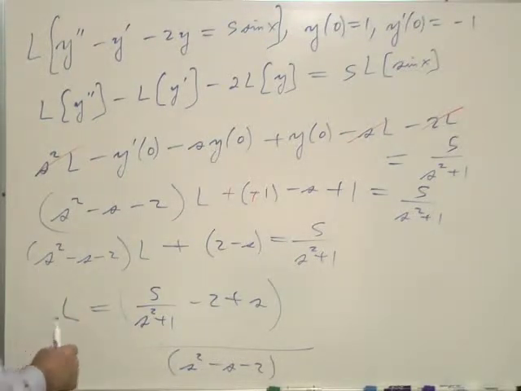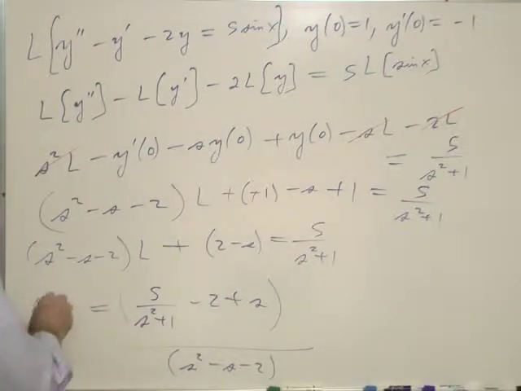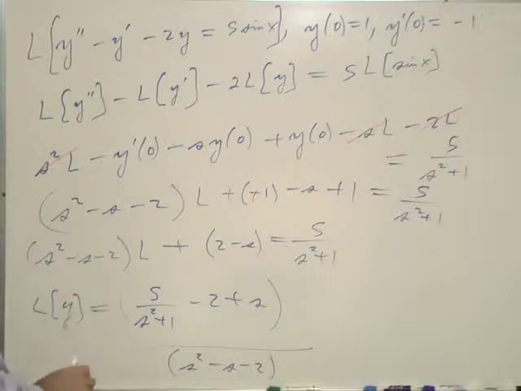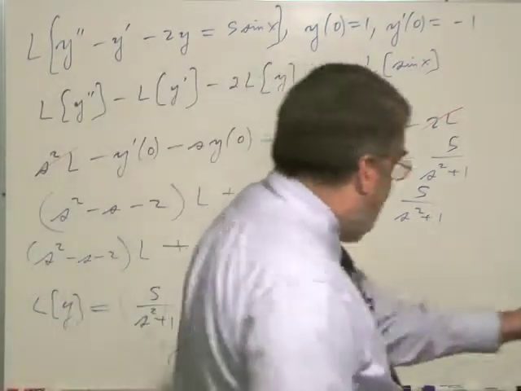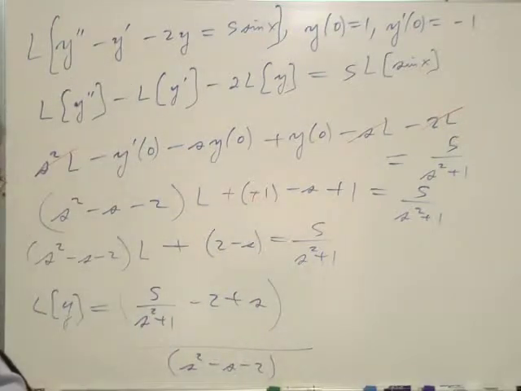Remember, L is L of y, so the solution y will be the inverse Laplace transform of this big mess here. That is a mess, and I think we can do some cleanup.